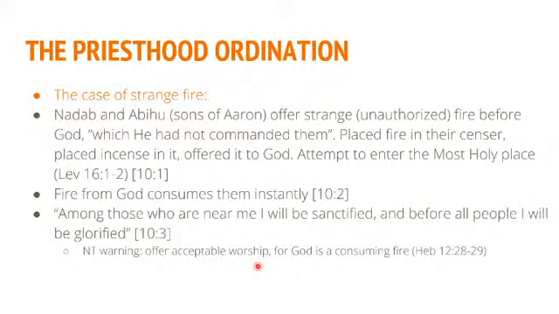You all remember who those two guys were? The husband and wife, and what they did, they offered unacceptable worship. How did they do that? Well, they were bringing money to God, right? Which is a form of worship.